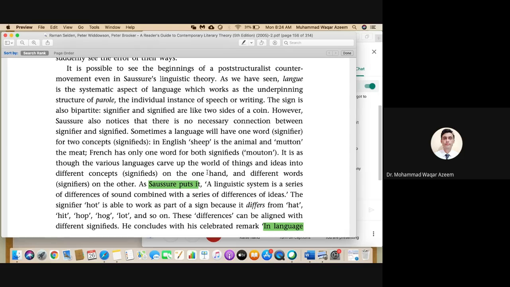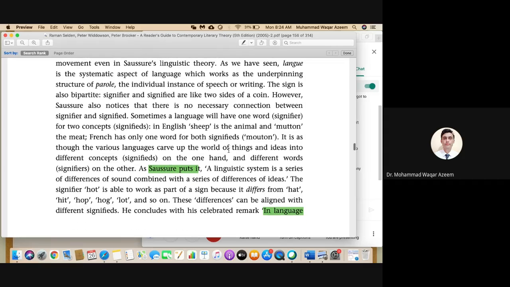So if we do a small activity right now, that will help us understand a little better how it really works.